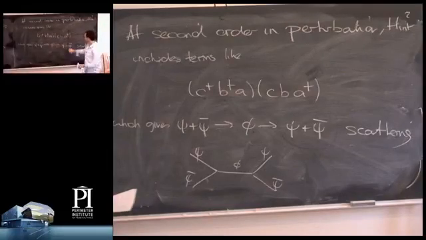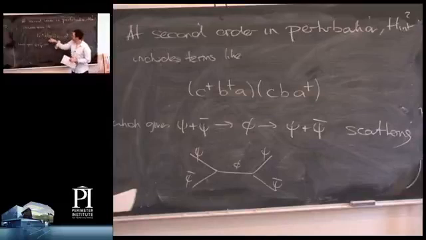Okay, so at second order, there'll be terms like this. This guy is going to kill a nucleon and kill an antinucleon and create a meson. So that takes us from a nucleon and an antinucleon to a meson. But then this guy comes in and it kills the meson and it puts back the nucleon and the antinucleon.